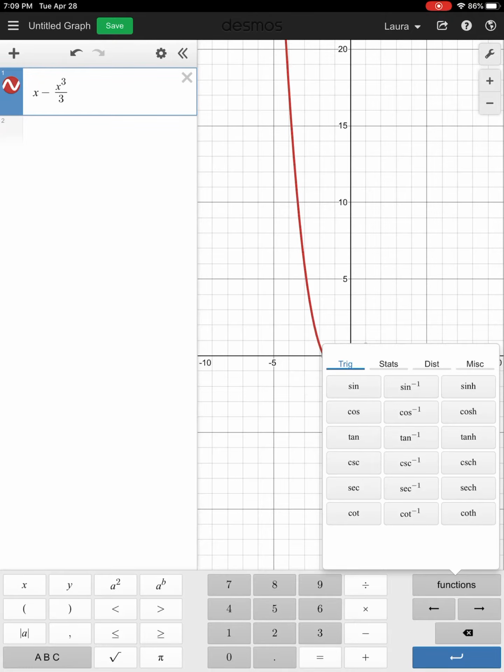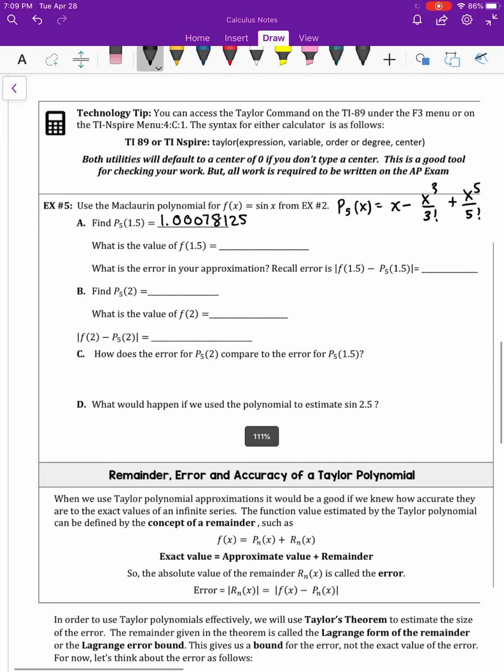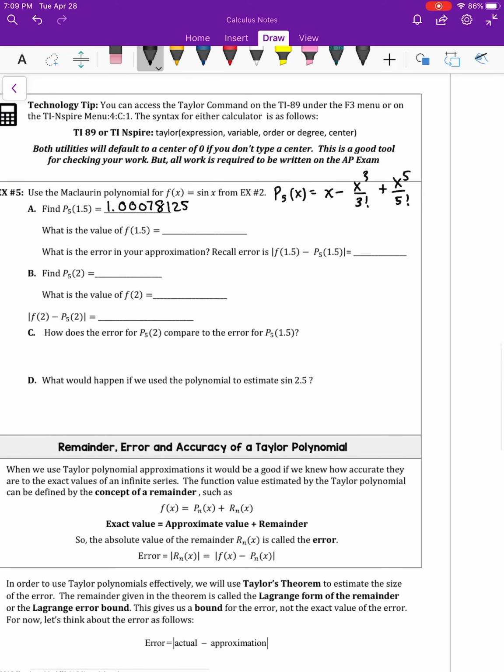I don't see the factorial button on this. I did it on my CAS to get the answer. I could show you how to do it on Desmos, but I did not practice that.